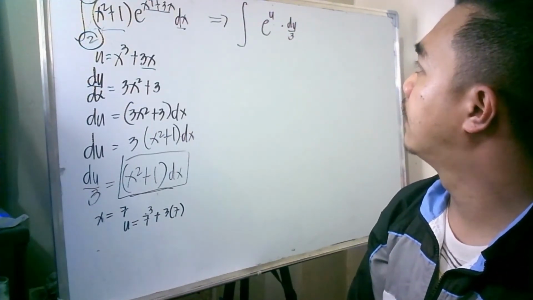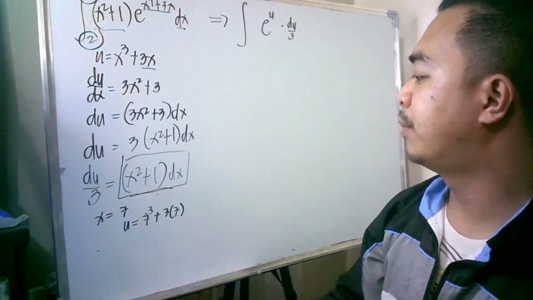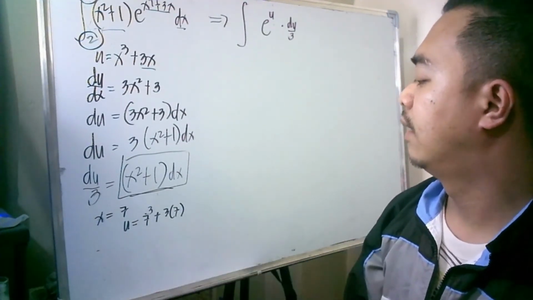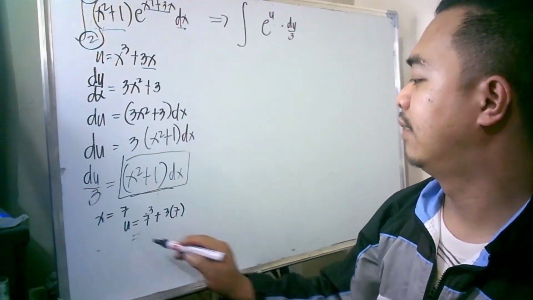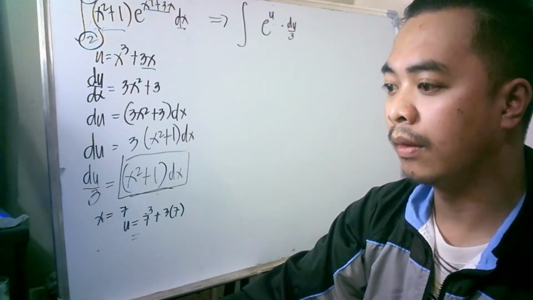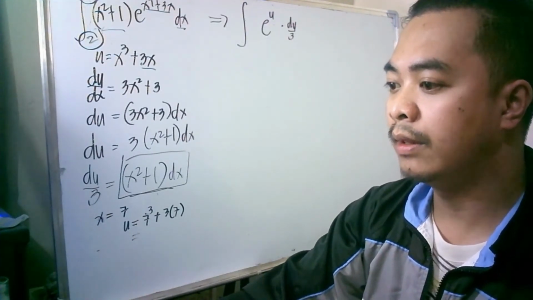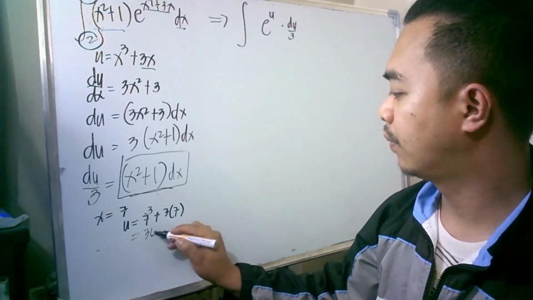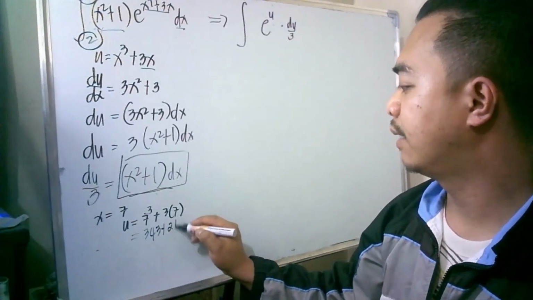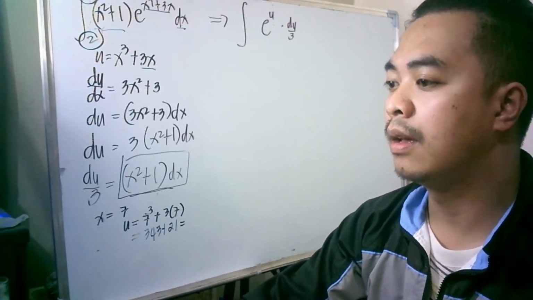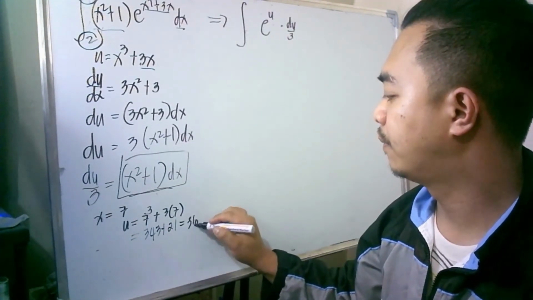Mukhang mataas na number ang makukuha natin kasi 7. Pero sige lang. 7 cubed is 343. 343 plus 21, 364.